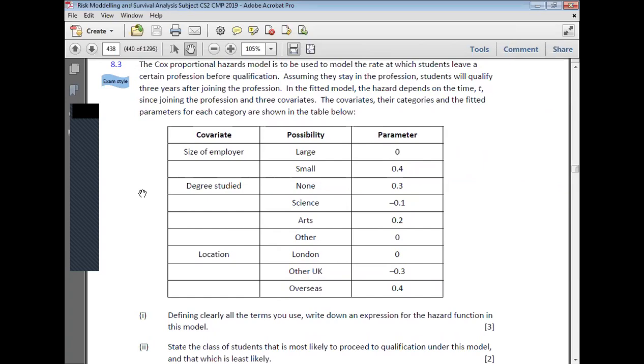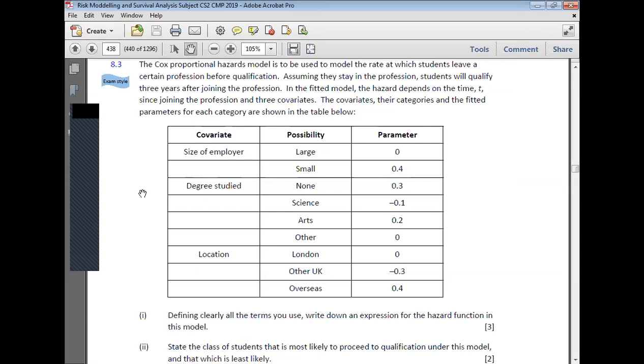Anyone? Maybe if you try to read the question again, it's given right up there in the question. What is the hazard? Students leaving the profession before qualifying.